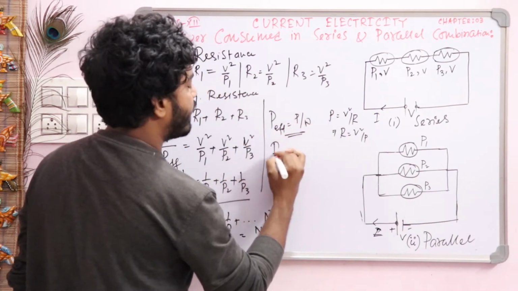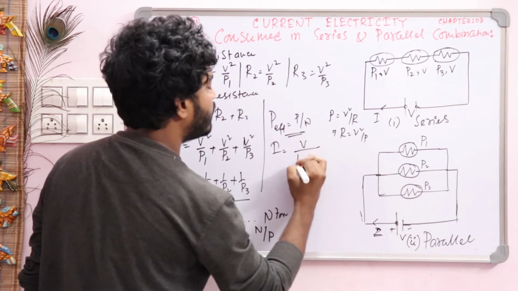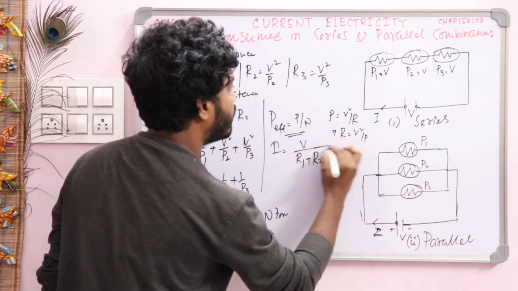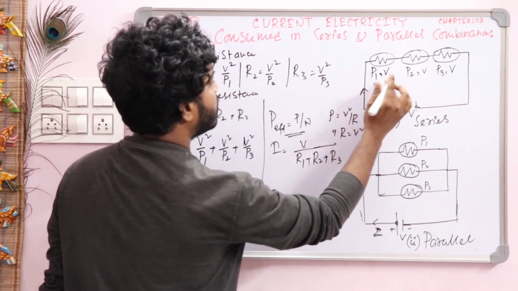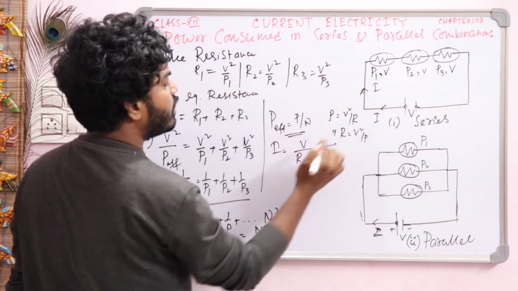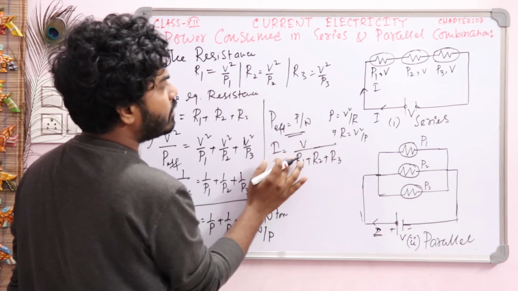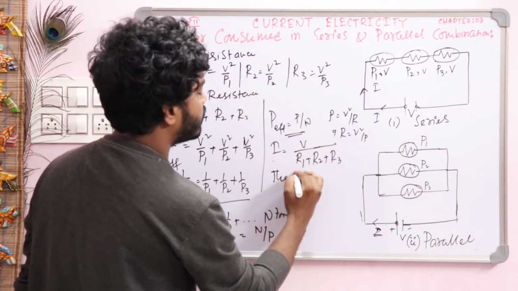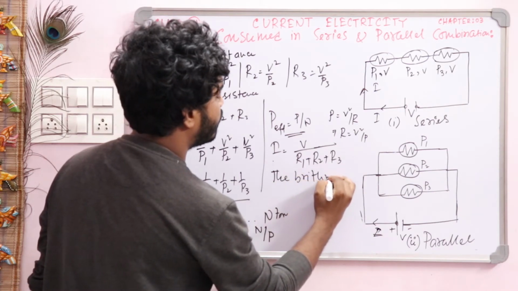Now what is the current for this case? Current will be voltage divided by total resistance. Here for this circuit, current I has the same value, and according to this formula it is V divided by total resistance, that is R1 plus R2 plus R3. Now the brightness of these three bulbs, the brightness formula.